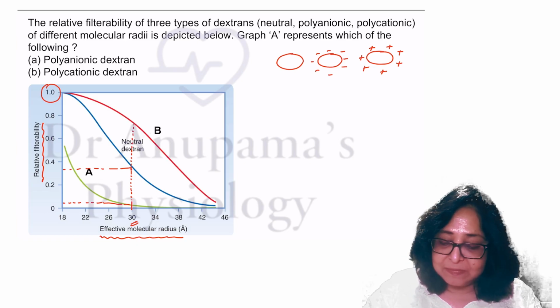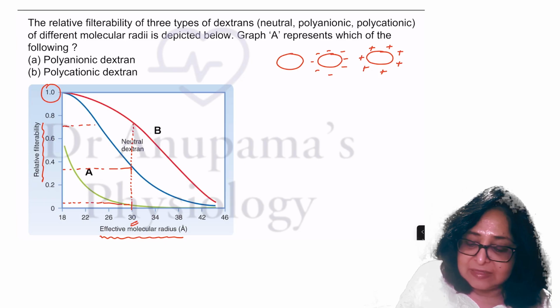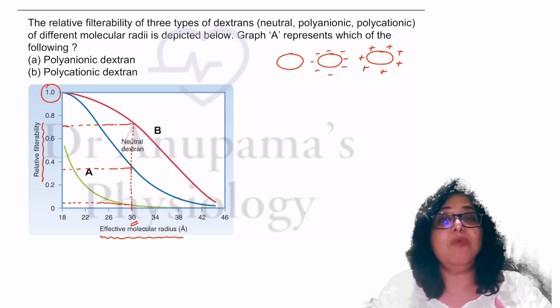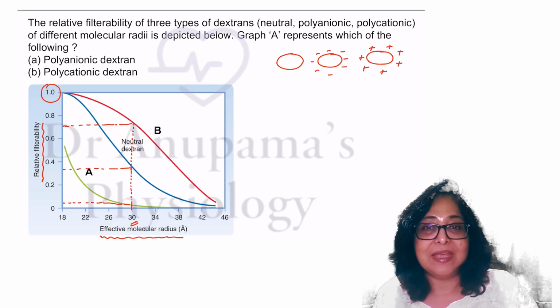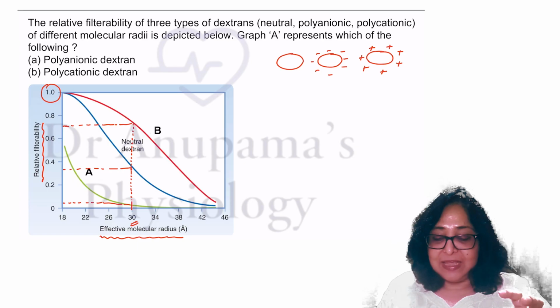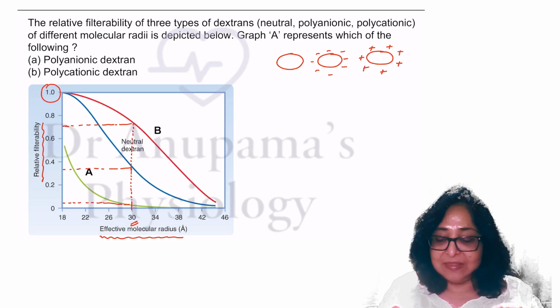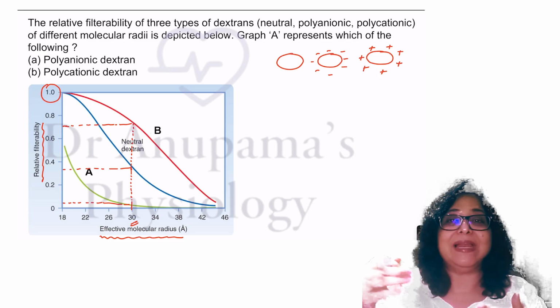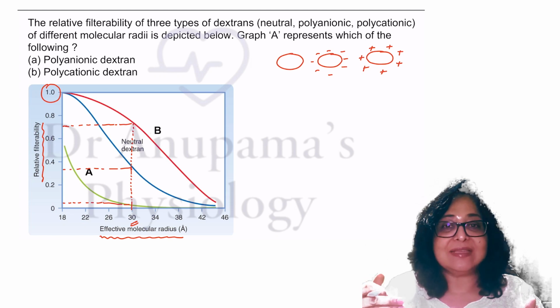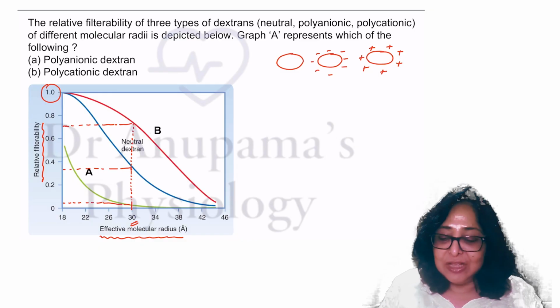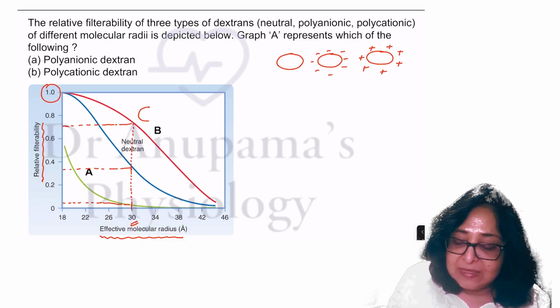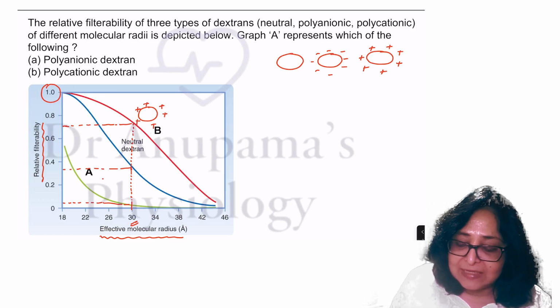Substance B has the greatest relative filtrability, even more than the neutral dextran of the same molecular radii. So that means A, which has the least filtrability, is being repelled. B, which has relatively highest filtrability, is being attracted. So in other words, B is polycationic and A is polyanionic.